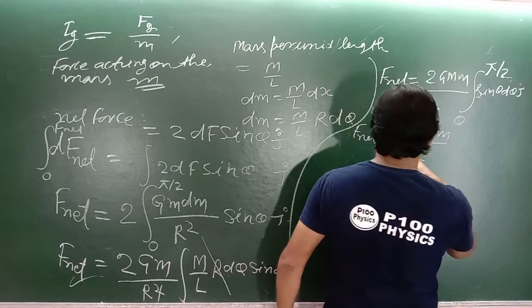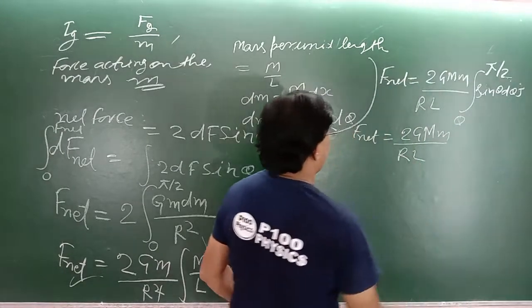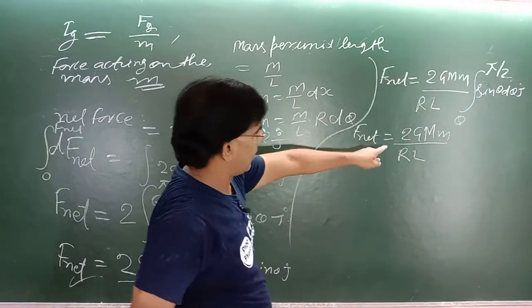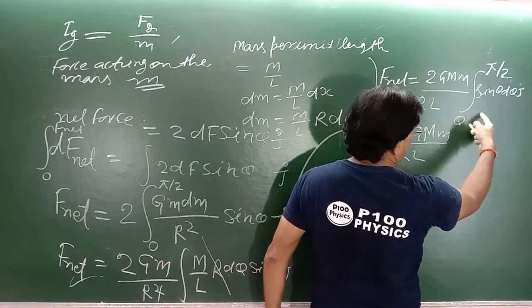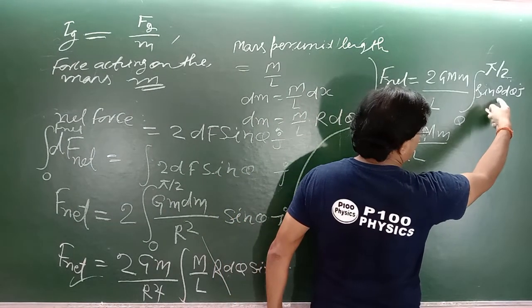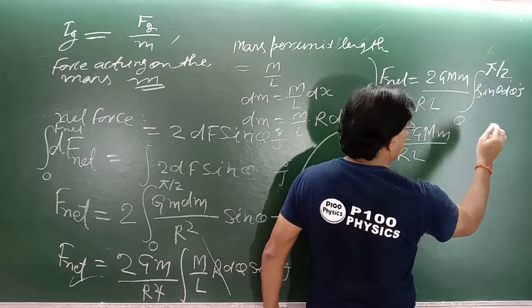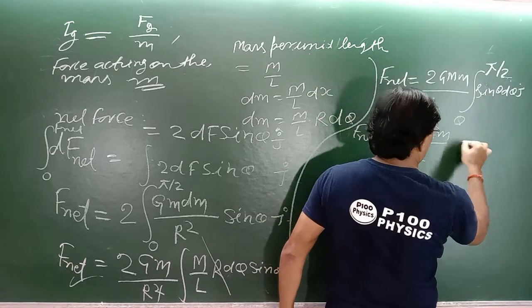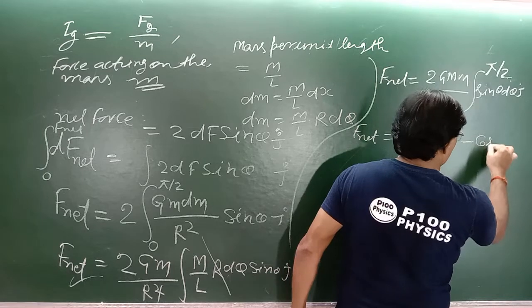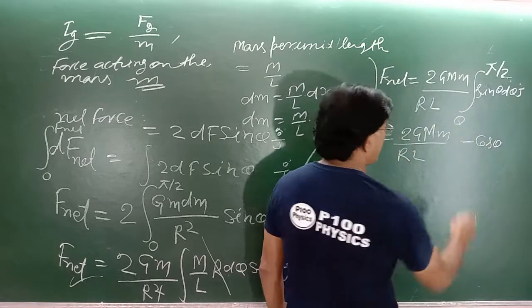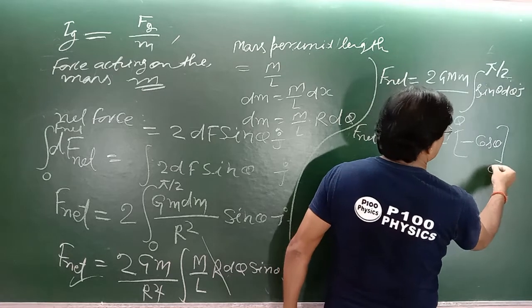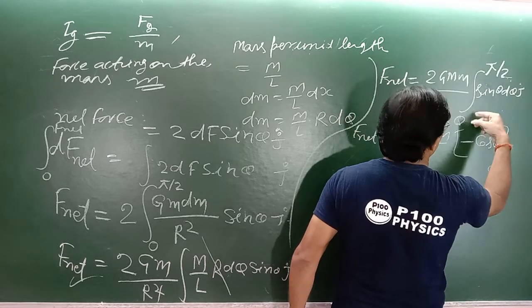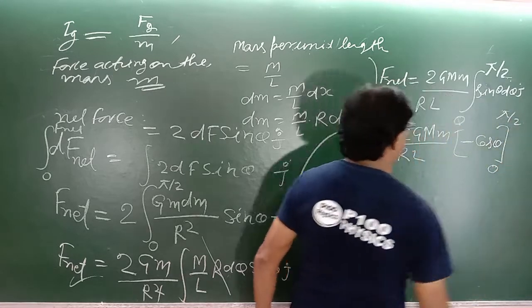This is only a numerical value, and therefore what will happen? 2GmM by RL, integration of sin theta d theta, which is minus cos theta from 0 to pi by 2.